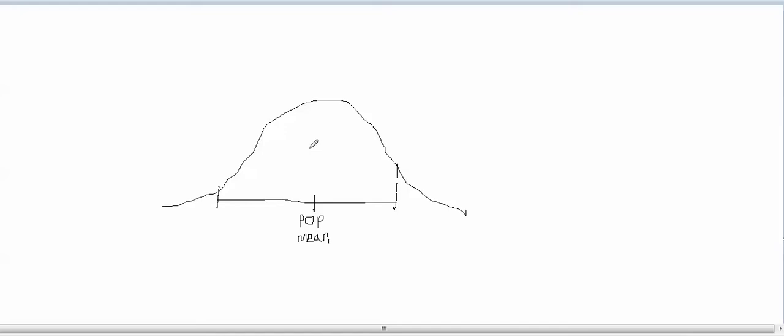You have a middle section in here, which is the middle 95% of the sample, and the margin of error is the distance from the population mean to this upper boundary, and it's also the distance from the population mean to the lower boundary, because this distance is the same as this distance.